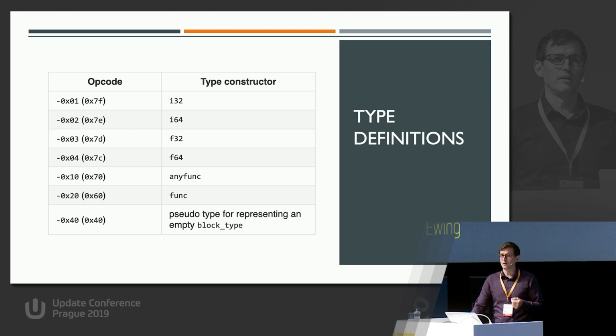There you have integers of 32-bit and 64-bit size, and floats of 32-bit and 64-bit size. Then anyfunc, which is basically a variable parameter function so that it can interact with JavaScript, since there's no varargs. And then func, which is the strongly typed declaration within those types. And then an empty block, basically.